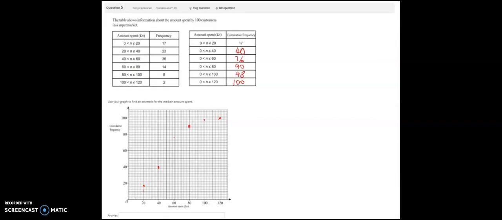We'll join the dots together. I can't draw it any better with this pen, but it gives us an idea.